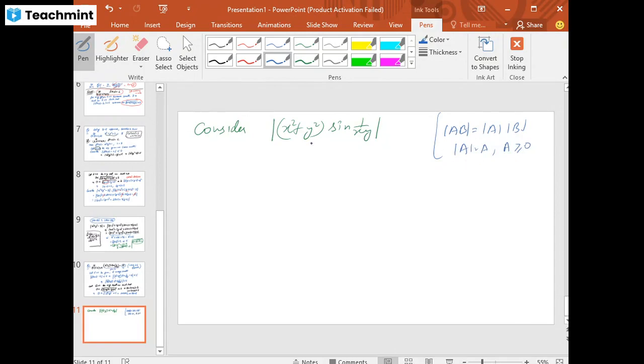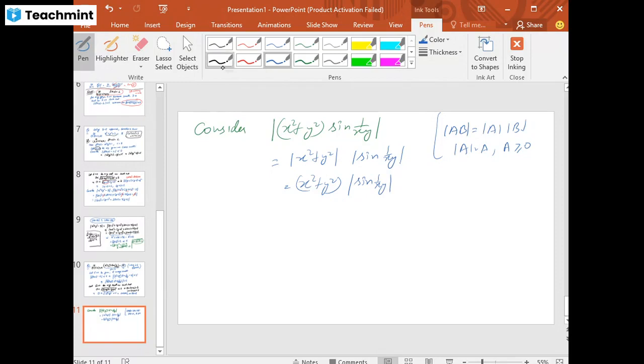So this is equal to mod of x square plus y square into mod of sine of 1 upon xy, and because x square plus y square is always positive, this is x square plus y square times mod of sine of 1 upon xy.